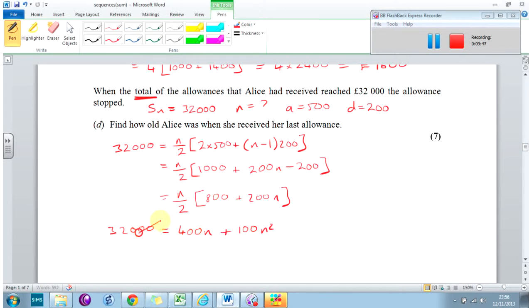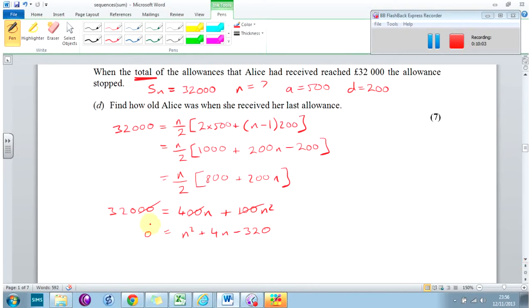Instantly going to divide through by 100, so that renders it considerably simpler. So that gives me, I put 0 there, so I'm going to have n squared plus 4n and then minus 320. And at this stage, we have now got a quadratic. We've got ax squared plus bx plus c equals 0.